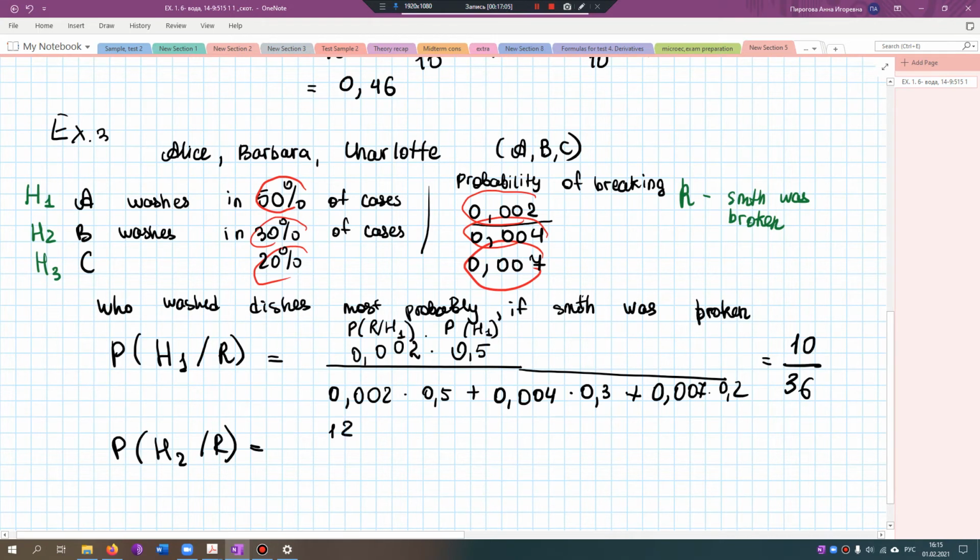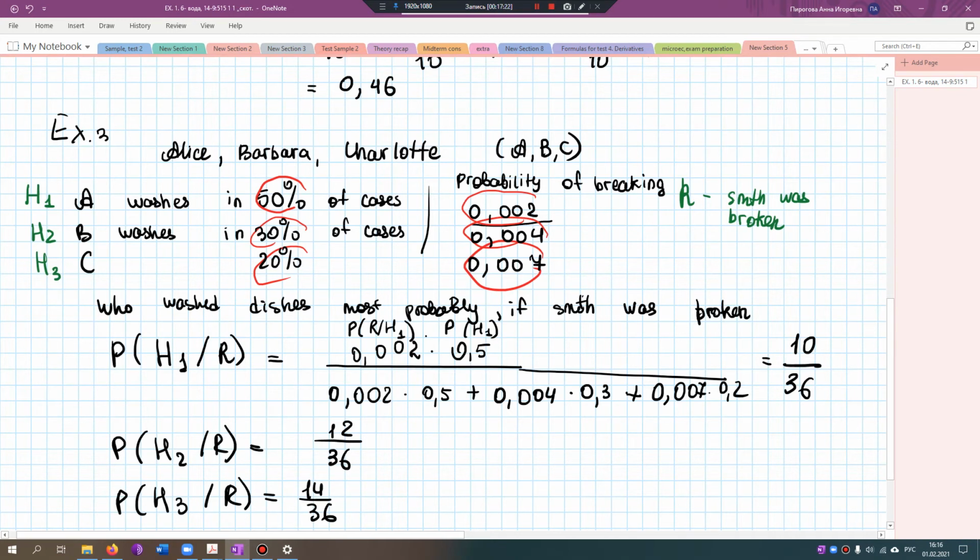So this probability will be equal to 12 divided by 36, and this probability will be equal to 14 divided by 36.